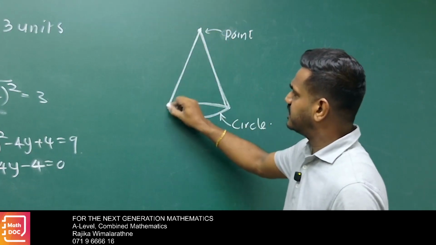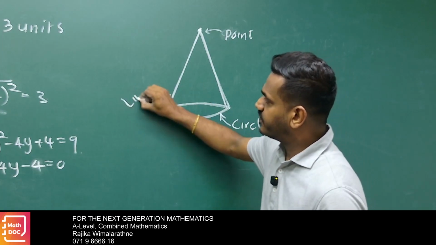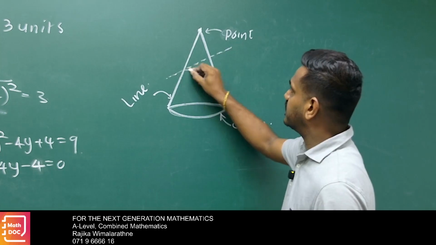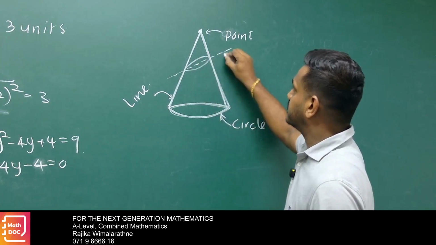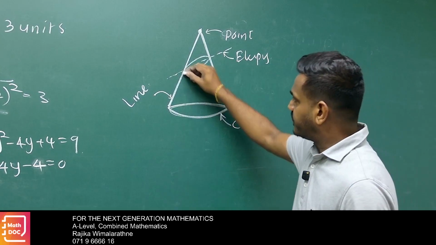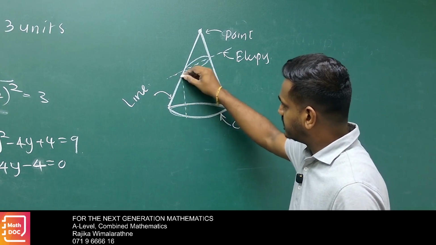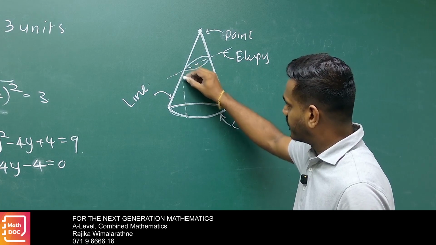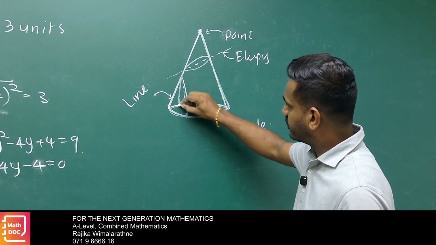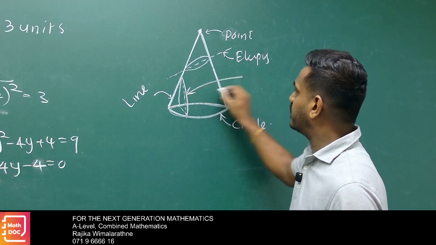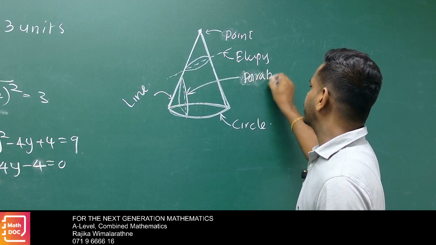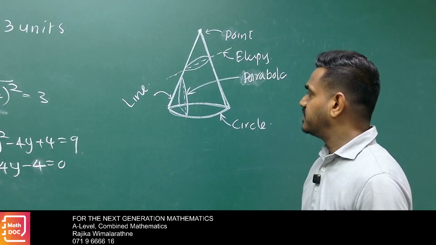And here a line. When you take a cross section here, then this one we say an ellipse. So when you consider another cross section like this, we see here a parabola.